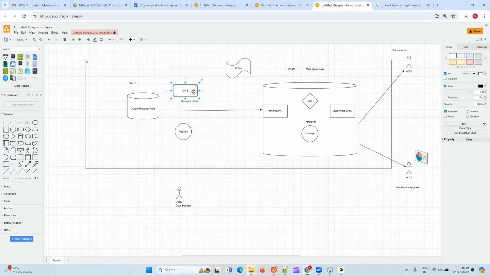Suppose Fivetran, I know how to do data migration using Fivetran, but I don't know Matillion. For data migration from Oracle to Snowflake, many companies tell you to use Python scripts, but actually I am against Python. I don't want to learn Python.